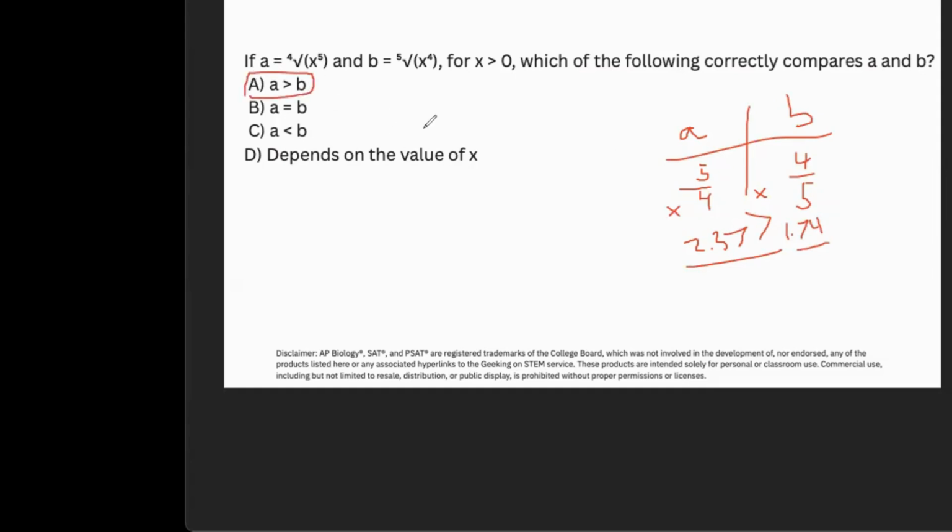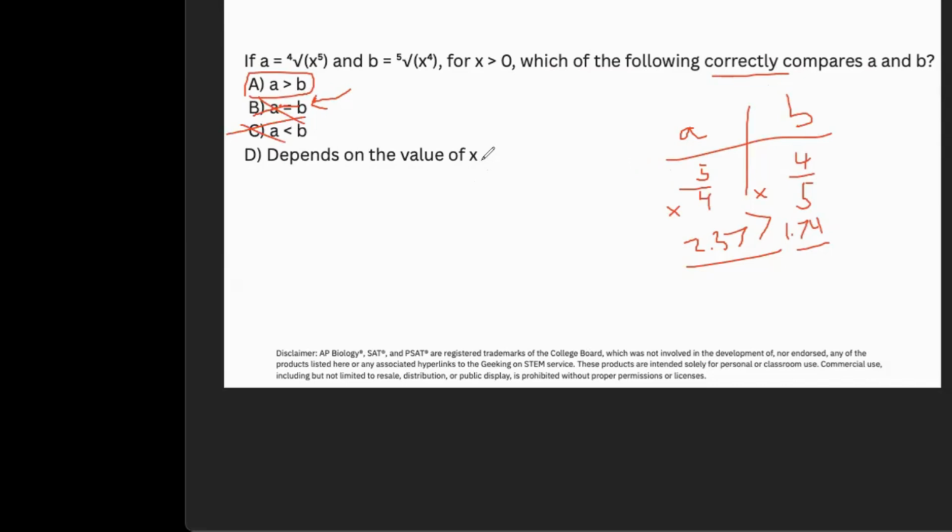Don't get set up by the trap where you think that A is actually 4 over 5 because you think you go from smallest to biggest. That's the first trap. Second trap is don't fall for answer choice B. It says which one correctly compares, and because we're comparing A to B, B only works for the value of 1, so that doesn't work. So we eliminated those.